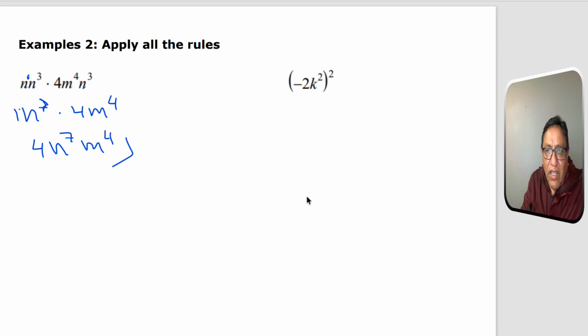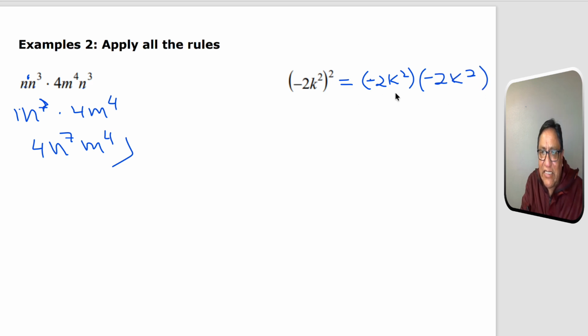Okay? What about in here? This you can solve in two different ways. For example, this square means that you need to multiply this by itself twice, correct? In other words, negative 2k squared times negative 2k squared.